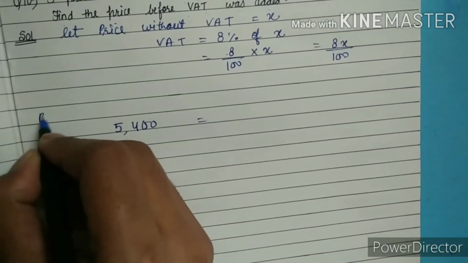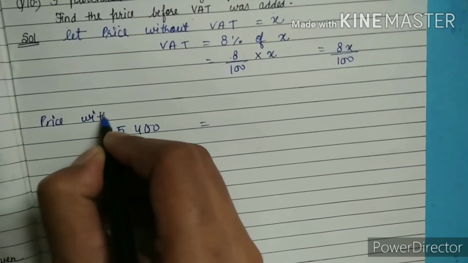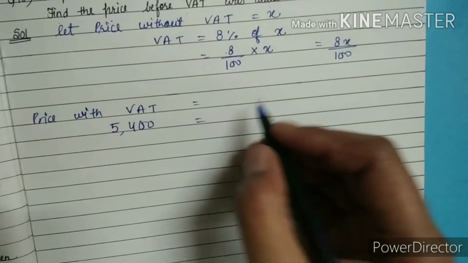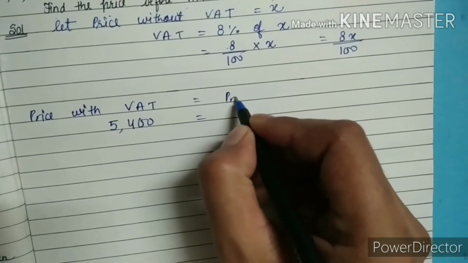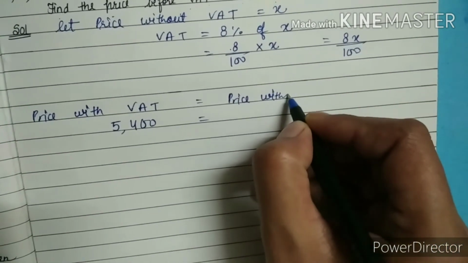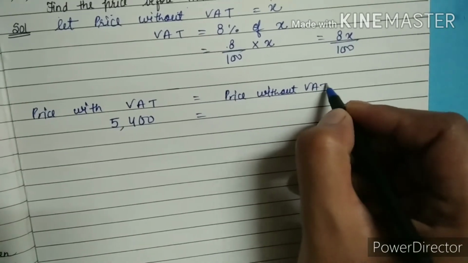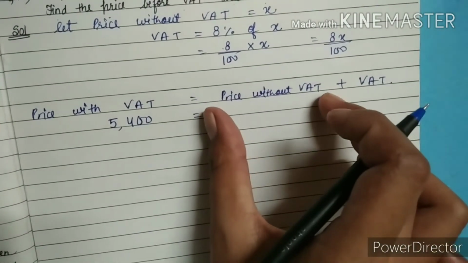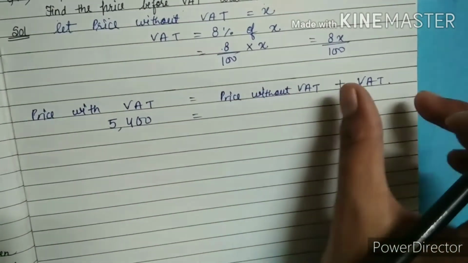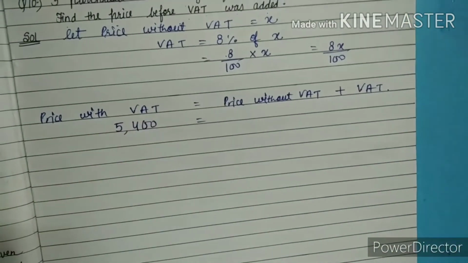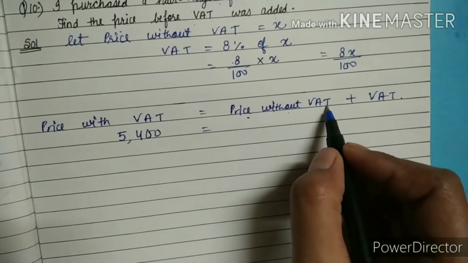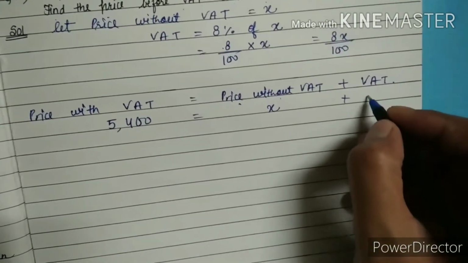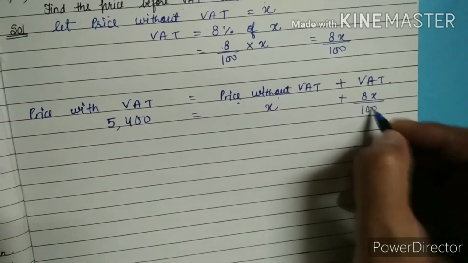This is the price with VAT. The price with VAT can be taken from the price without VAT plus VAT, because when we add the price without VAT and the VAT to each other, we will get the price with VAT. The price without VAT that we supposed is x, and the VAT that we took is 8x by 100.